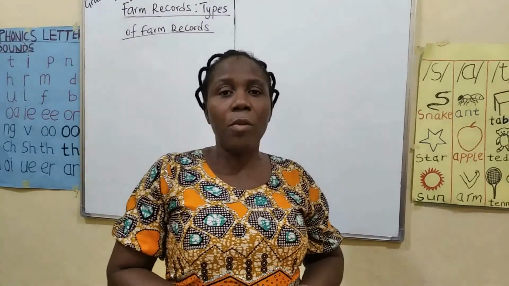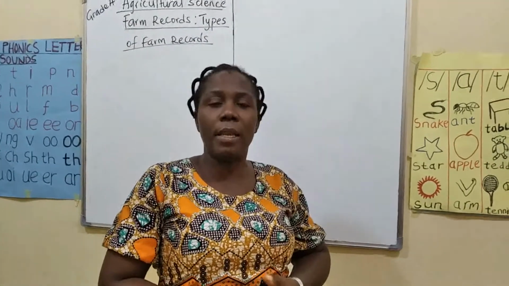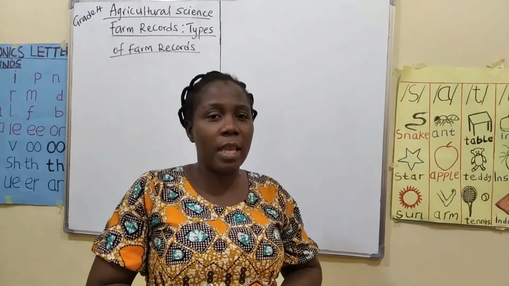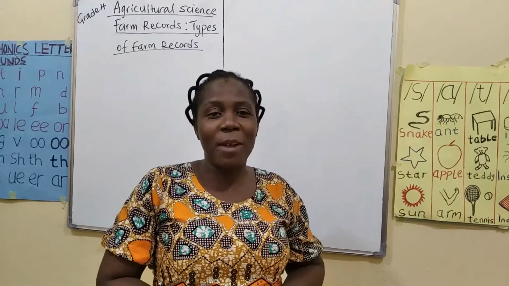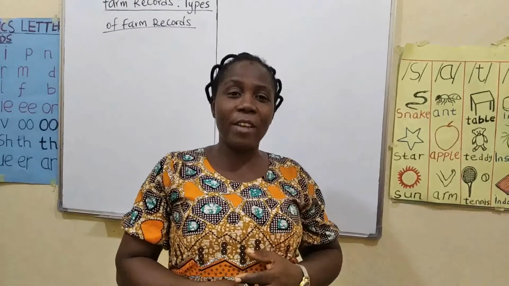Alright, this morning we are going to look at the different types of farm record as we listed them down last time. Can you mention some of those farm records listed for me? We talk about the farm diary, just to remember. We talk about the farm inventory.